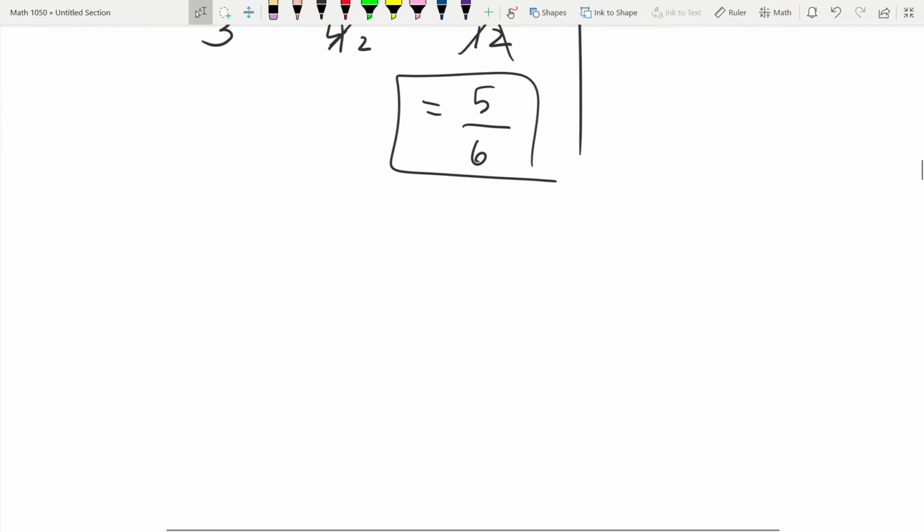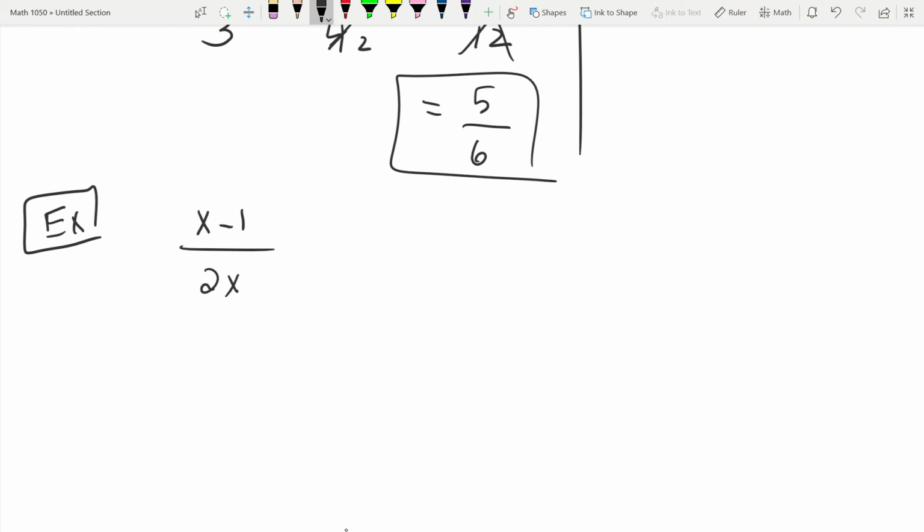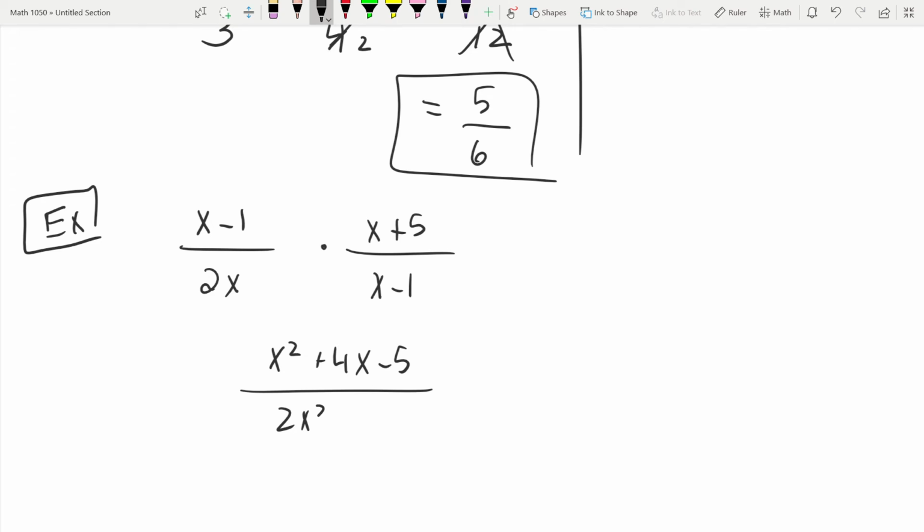Okay? Now let's bring in some variables with that. So let's say you had x minus 1 over 2x multiplied by x plus 5 over x plus 1. Here's the problem. If I multiply these straight across and I get x squared plus 4x minus 5 over, distribute the 2x, 2x squared minus 2x, and I say, yay, that's my answer, it's actually not.